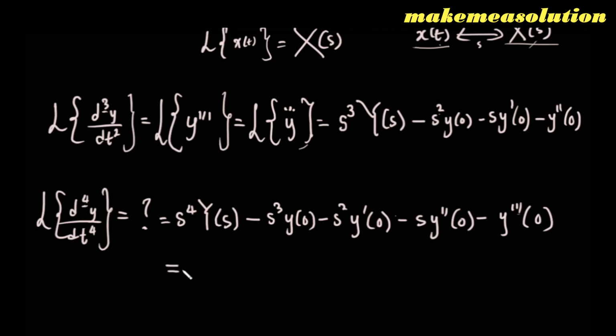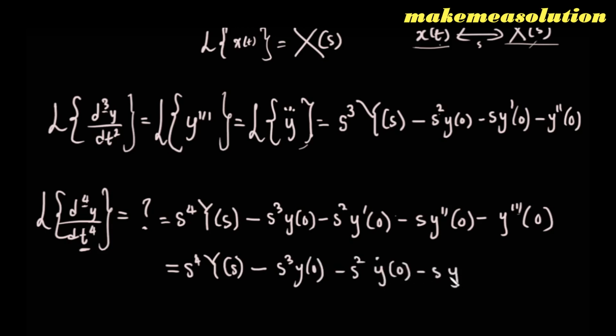If I wanted to be consistent with my use of the t variable, I would have had s to the 4 Y of s minus s cube y of 0, then minus s squared y dot of 0, minus s y dots dots of 0, and minus what?